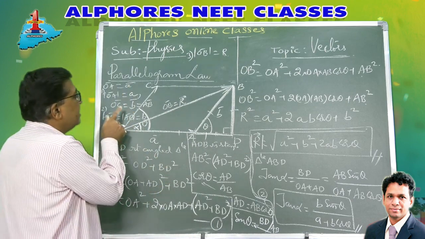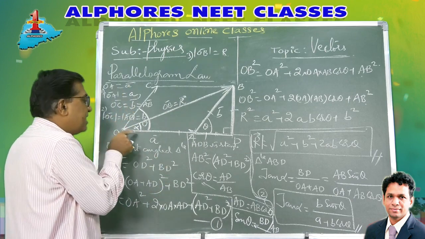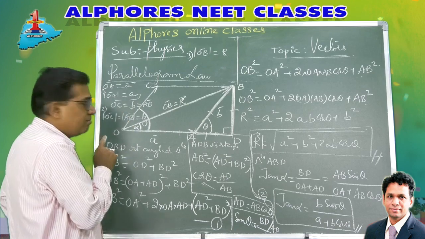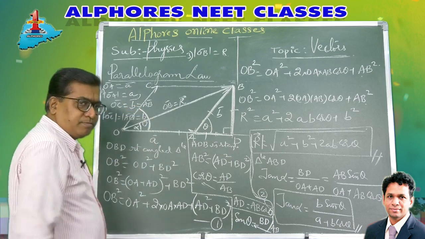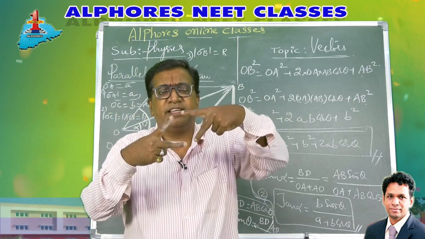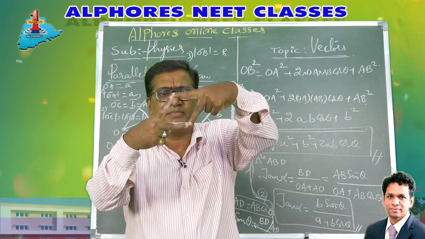So two co-initial similar vectors represented as two adjacent sides of a parallelogram, like this. A bar is A, B bar is B. So I am representing two vectors A and B like this, two adjacent sides of a parallelogram this way.